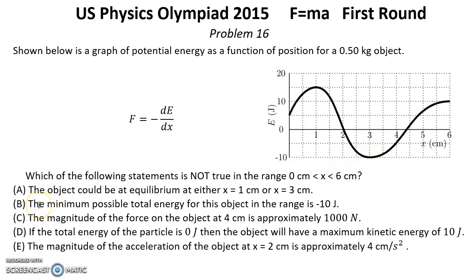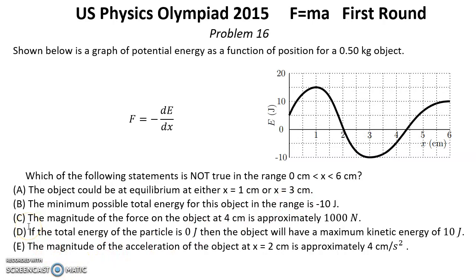B. The minimum possible total energy for this object in the range is negative 10 joules. That's true. At point 3 we can have the object with 0 kinetic energy and negative 10 potential energy, which is a total of negative 10 joules. That's true.